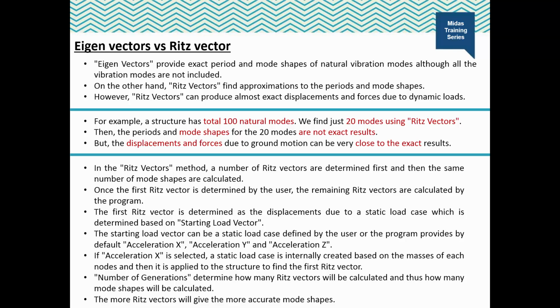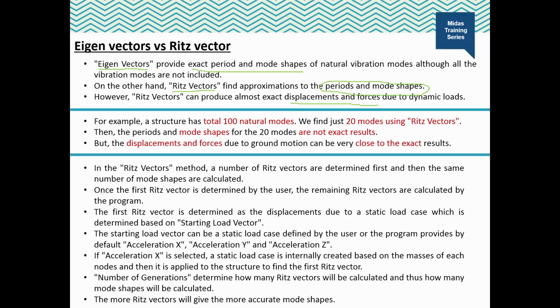So here we can see that using eigenvector, we need to specify 270 modes. Using eigenvector, undoubtedly we will obtain the exact period and the mode shape, and we will get accurate results. But on the contrary, with the Ritz vector, our periods and mode shapes will be approximate, but the final results, that is the displacement and forces, will be very accurate.